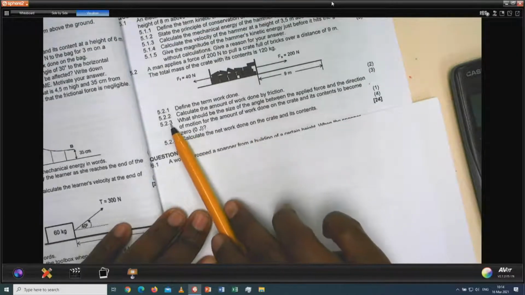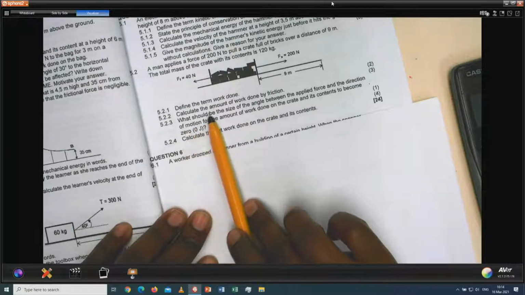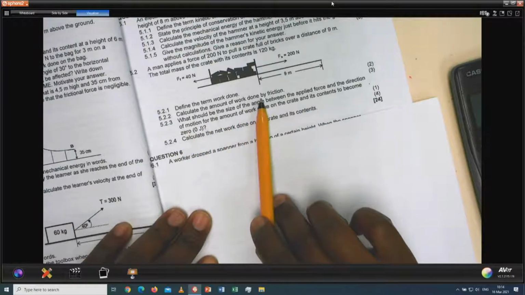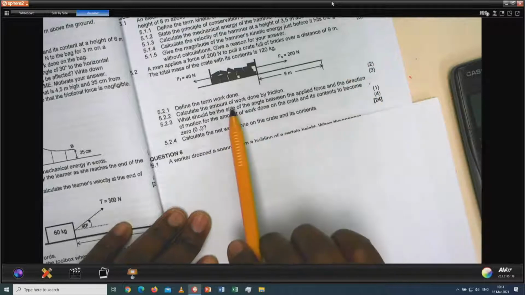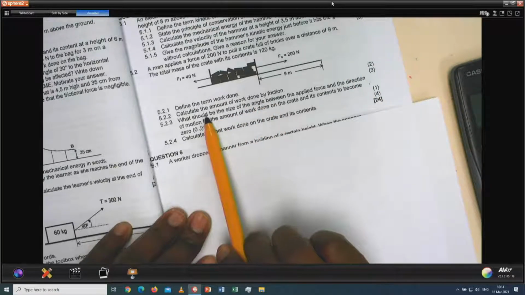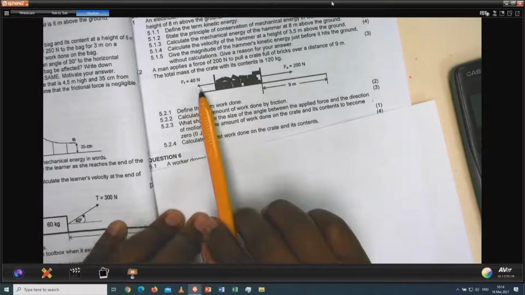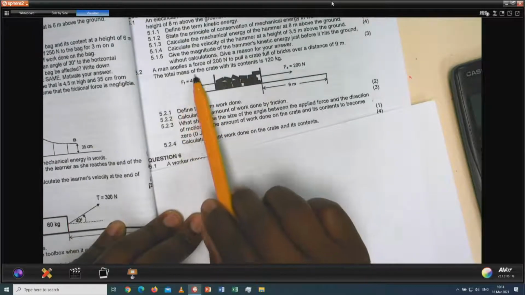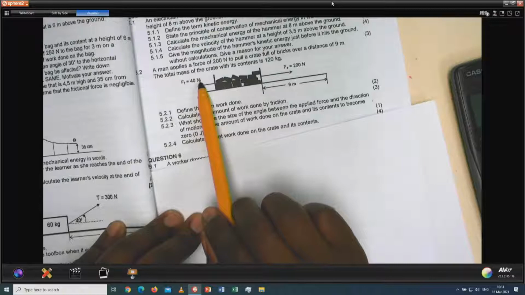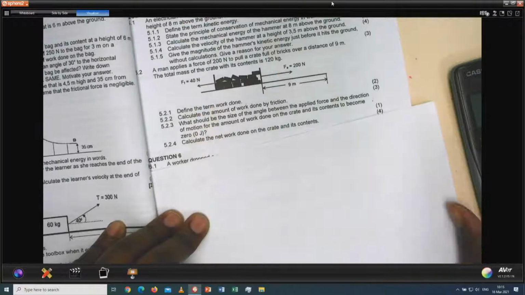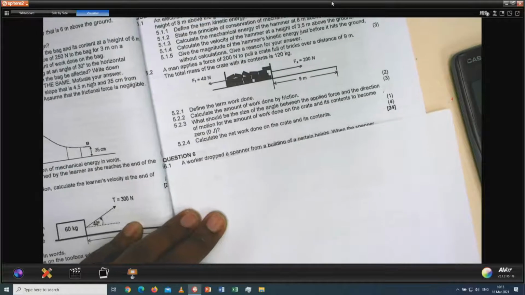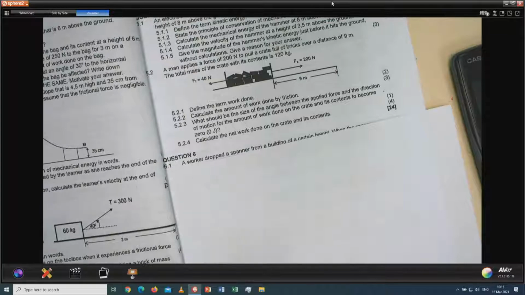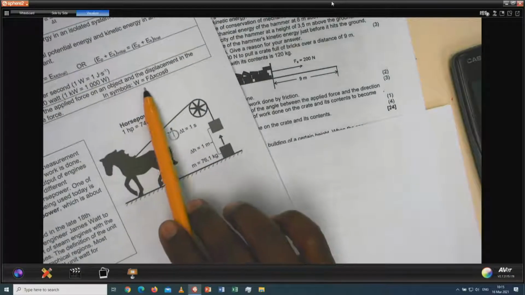Then 5.2.2 says calculate the amount of work done by friction. This one is very specific. It's work done by friction. And we look here, we are given the magnitude of the frictional force, and again we use our data sheet.